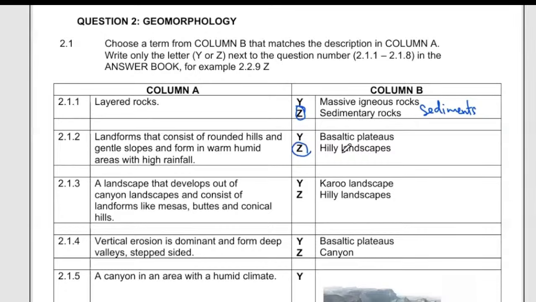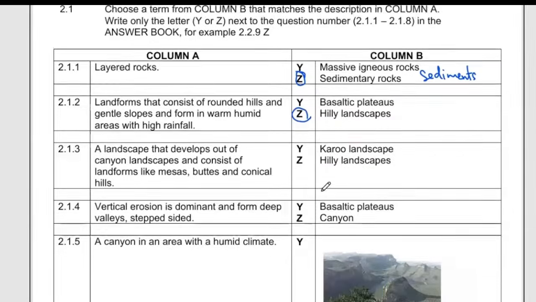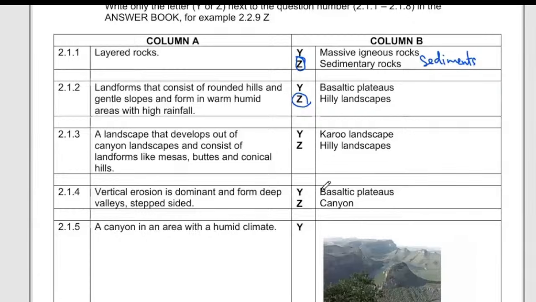Then number 2.1.3, it says a landscape that develops out of canyon landscapes and consists of landforms like mesas, buttes, and conical hills. What typical landforms are classified under the collection of the mesas, the buttes, and the conical hills? That is typical of the Karoo landscapes.